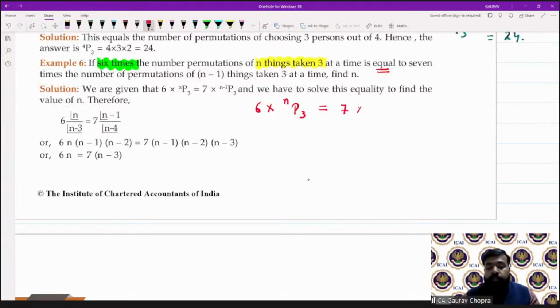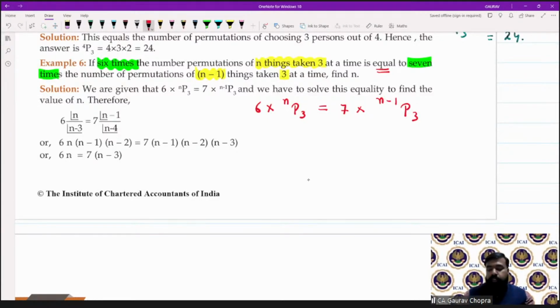So 7 multiplied by the number of permutations of n minus 1 things taken 3 at a time. So we will write (n minus 1)P3. So this becomes the equation.